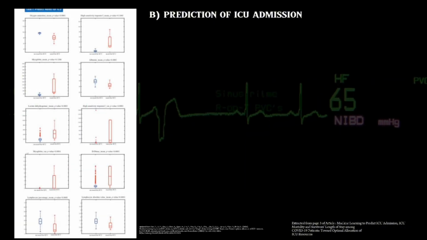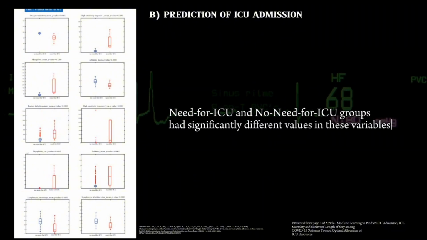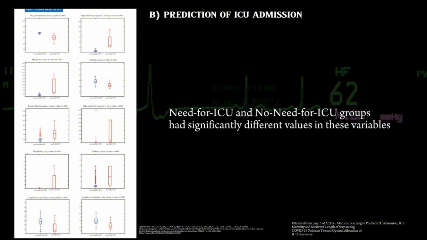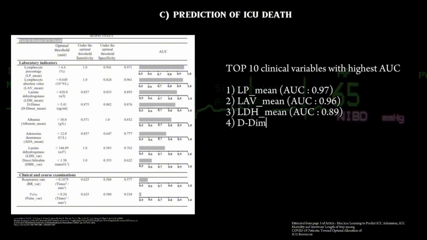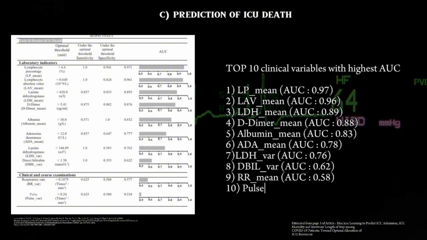Based on the box plot, the need for ICU and no need for ICU groups had significant difference values in these variables. The table lists the top 10 clinical variables that, when considered alone, best predict death in ICU.